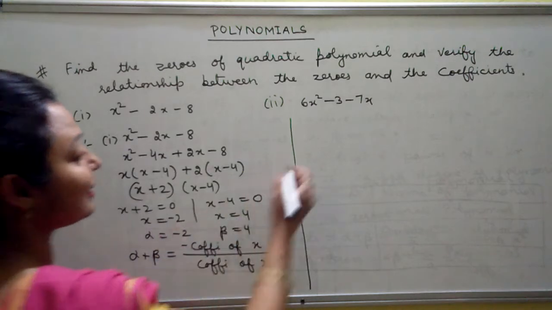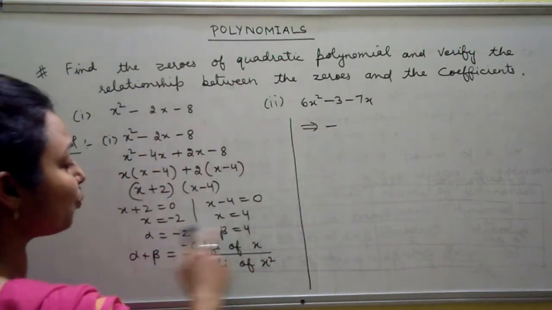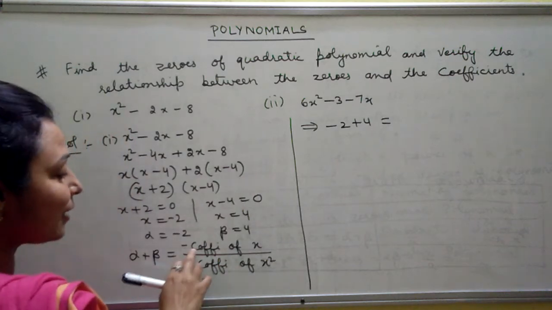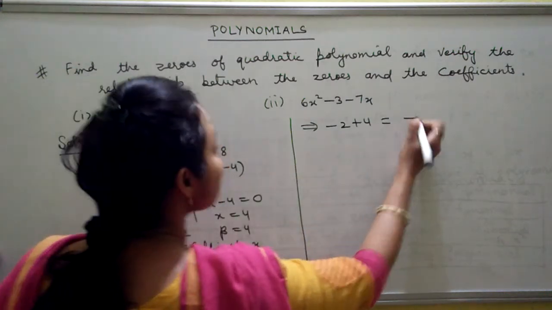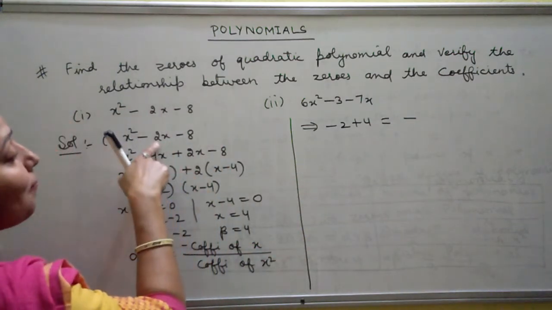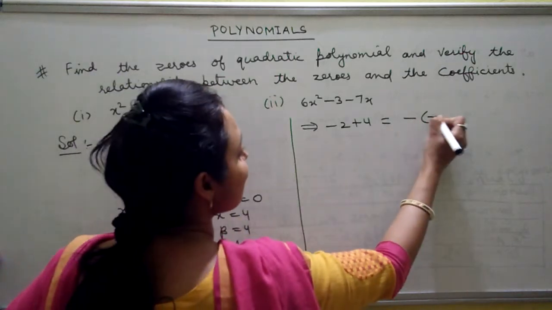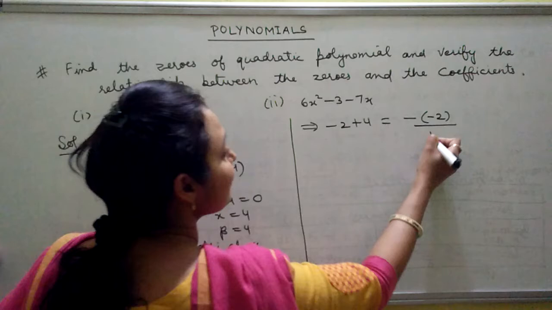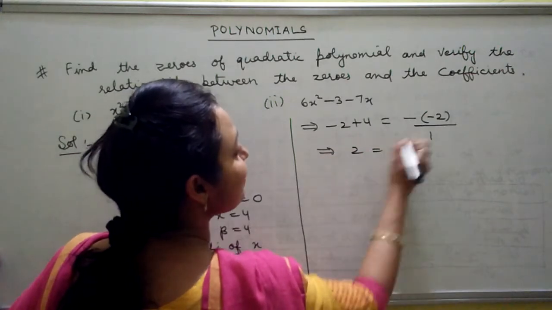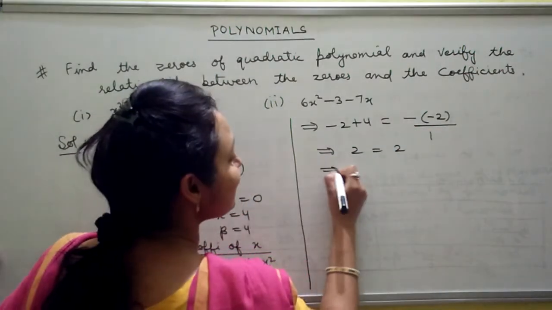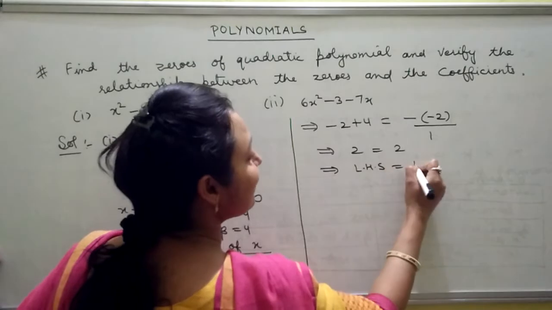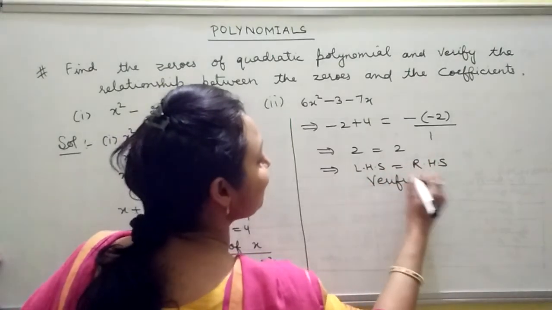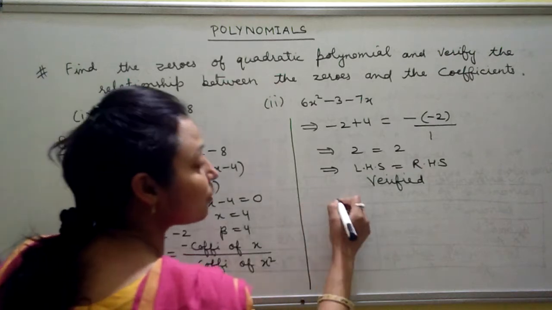Alpha plus beta is minus 2 plus 4, and on the right hand side, minus the coefficient of x, which is minus 2, so I will write minus of minus 2, upon the coefficient of x square, that is 1. This implies 2 equals 2. This means left hand side equals right hand side. So verified.